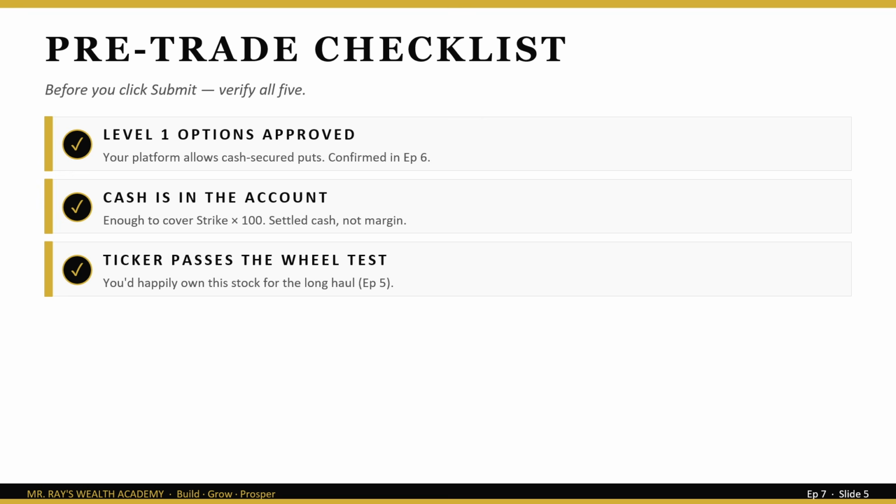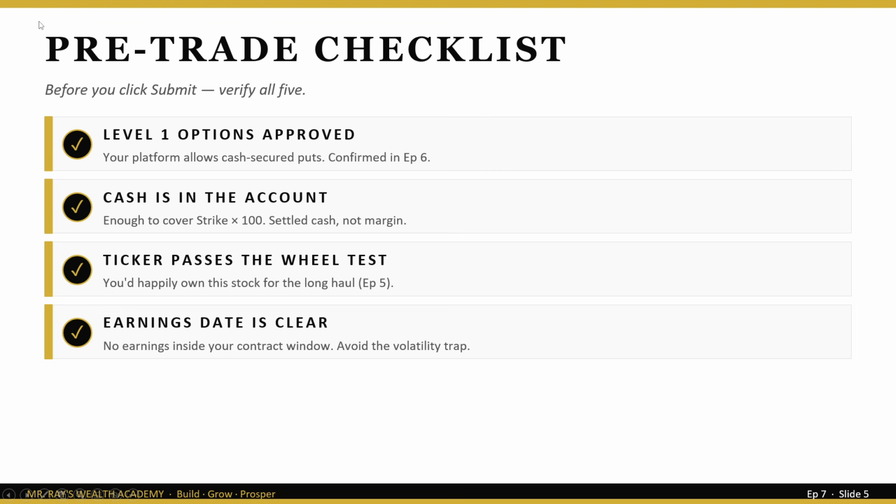And then you got to pick a ticker that you want to own. This is a stock you wouldn't mind owning at a discount. You wouldn't mind owning it for a long time. Okay. And then you got to make sure that there's no earnings coming up within the next 30-day window.